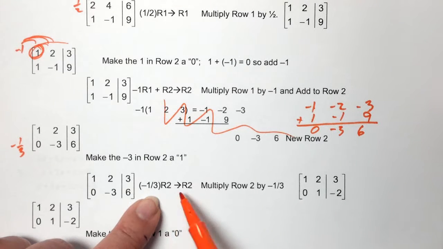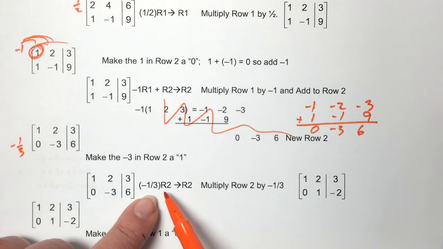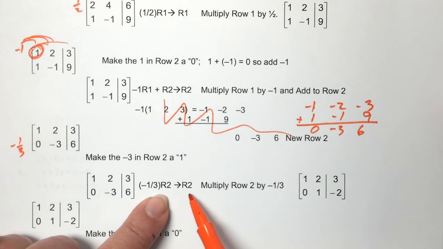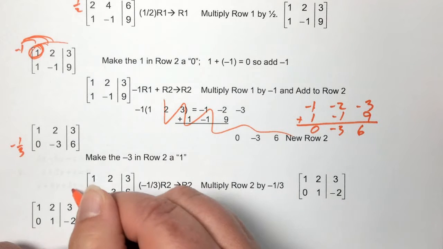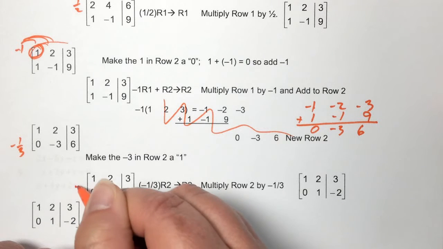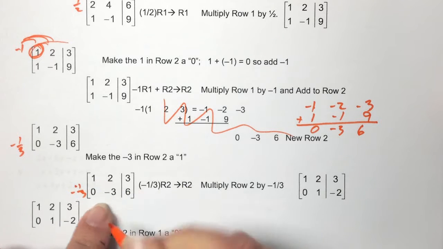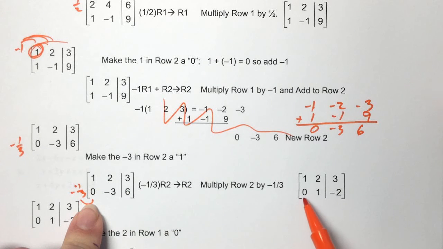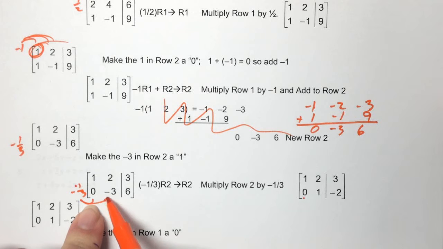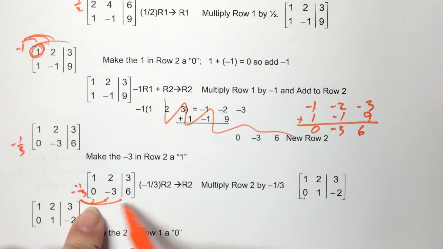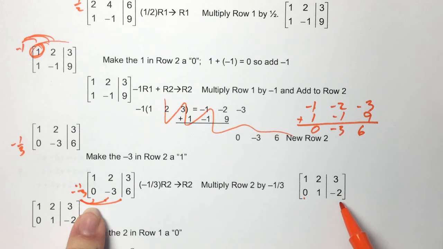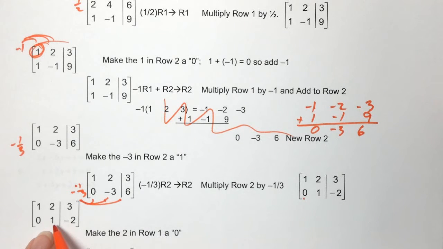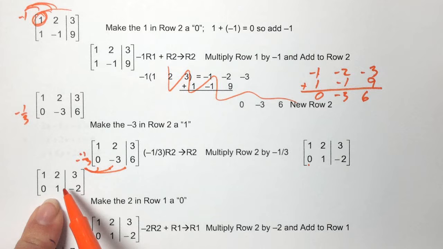So the row operation is negative 1/3 times row 2, stick it in row 2. Negative 1/3 times 0 is still 0. Negative 1/3 times negative 3 is positive 1. And negative 1/3 times 6 is negative 2. That's how we got the 1 in that spot that we wanted.